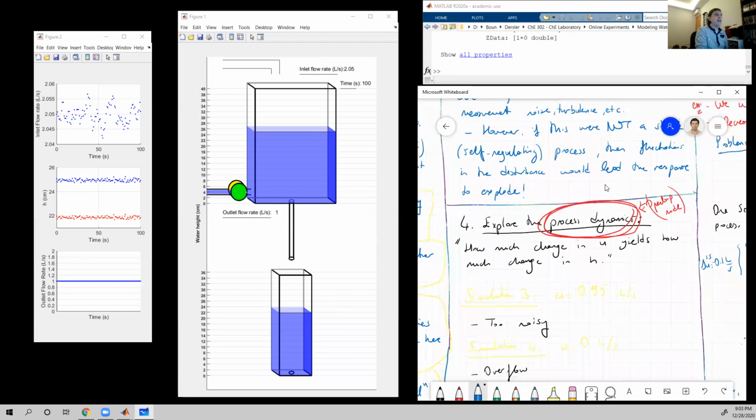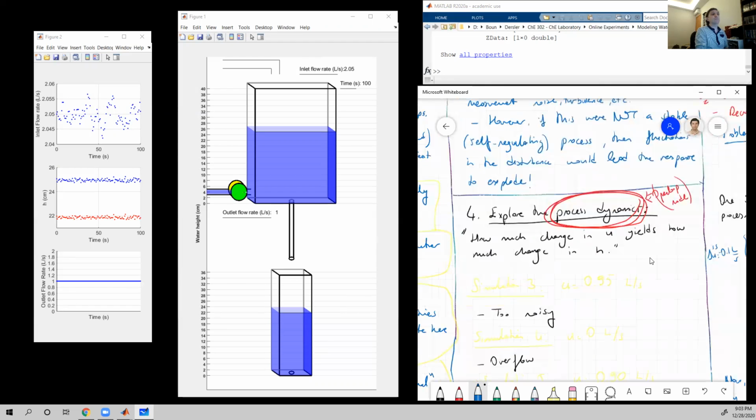So here we are going to explore the so-called process dynamics. What do I mean by that? The dynamic relation between the manipulated variable and the change of the water level, because that's what we are interested in. When I change this outlet flow rate, how will this change be transmitted to the water level in the second tank? And what do I mean by the change being transmitted?